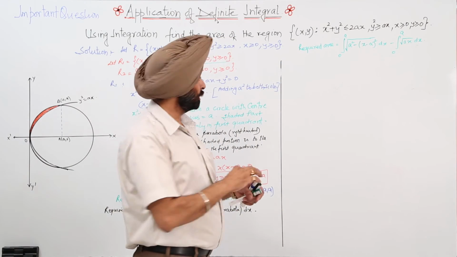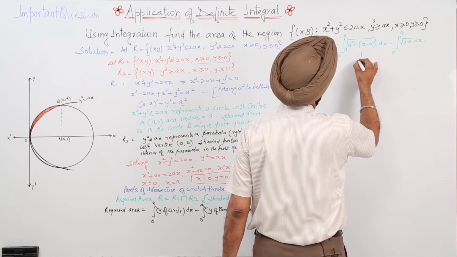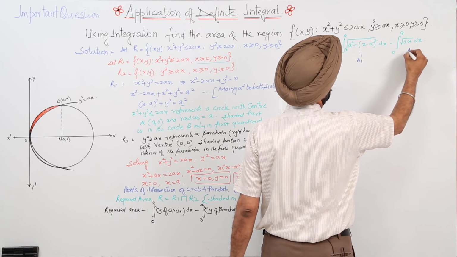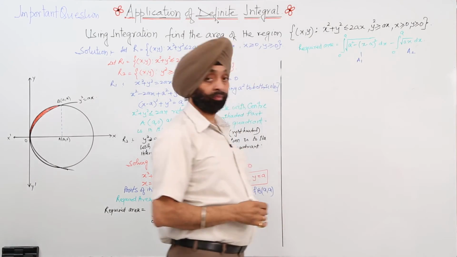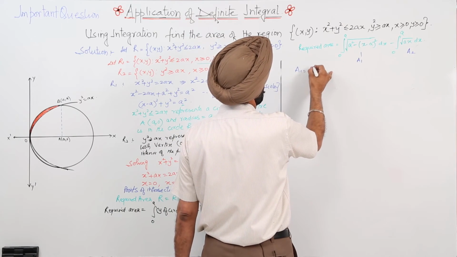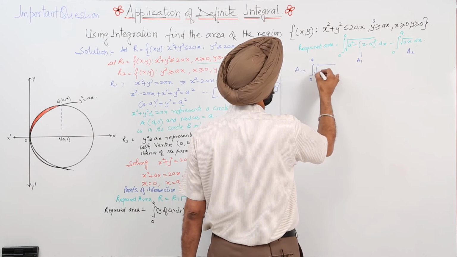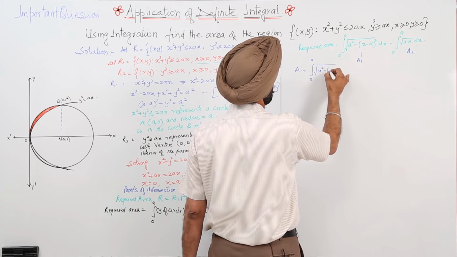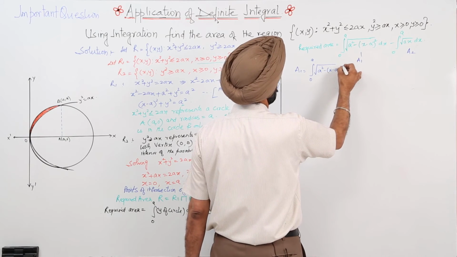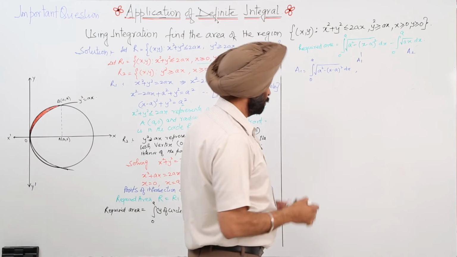Is it clear? Now let this portion be A1 and this portion be A2. Okay. Now A1 is equal to the integral from 0 to a of √(a² − (x − a)²) dx. Is it clear?